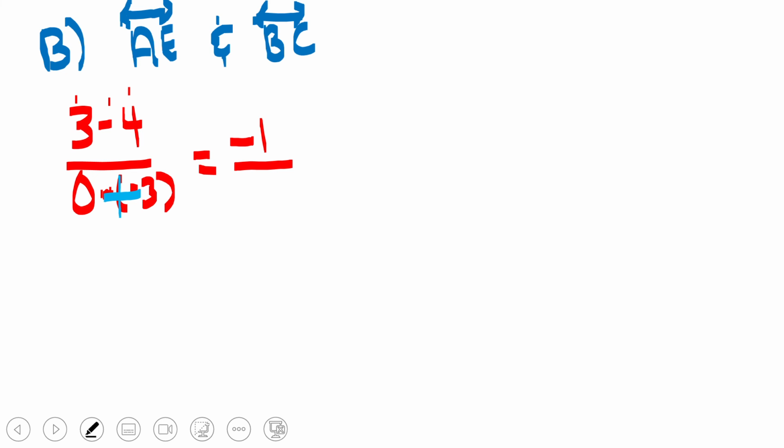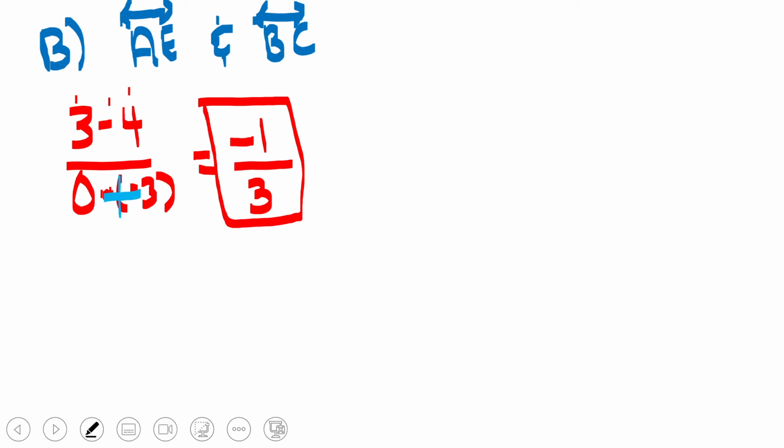We talked about that in class. It's multiplied by negative 1 when we go through it. We include some invisible math in that, and 0 plus 3 is 3. Alright, so that's our first slope.